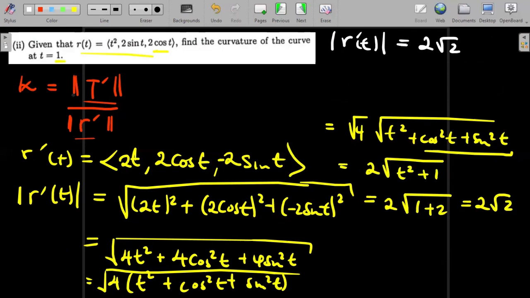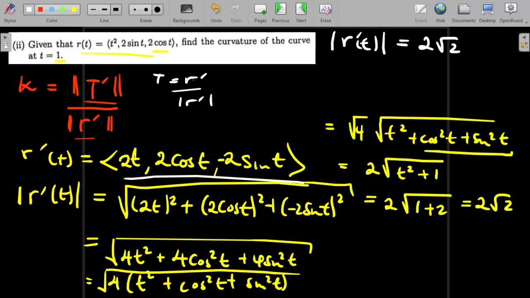So what next do I have to do? I found this as my R prime. Then my formula to get T, the tangent vector, we said it has to be R prime over the modulus of R prime.